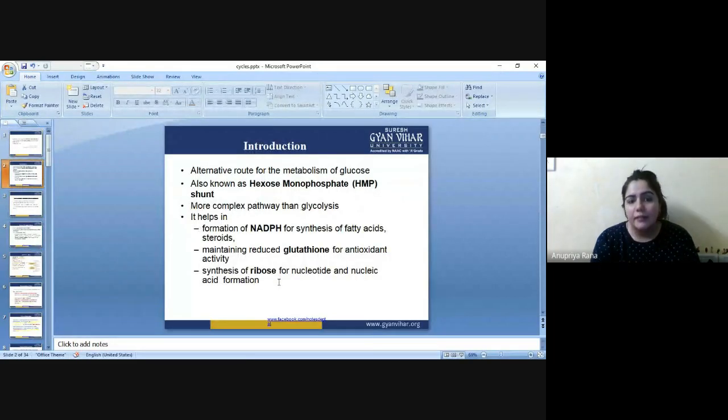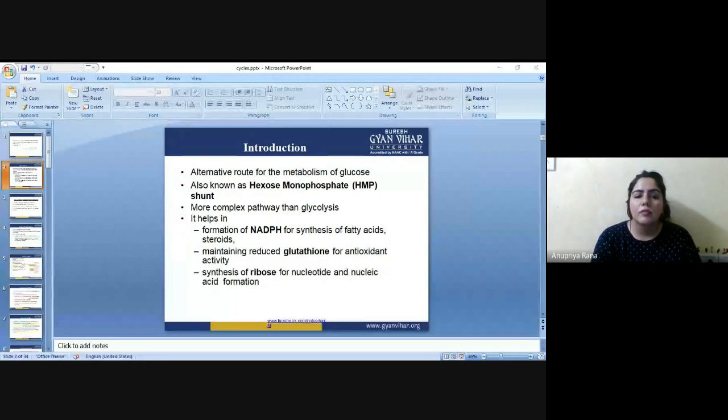Actually, these cycles have a very important role in our metabolism. In other words, if these are not present inside our body, we are never going to perform our metabolic activities. So if we see the introduction, the pentose phosphate cycle is also known as the hexose monophosphate shunt.